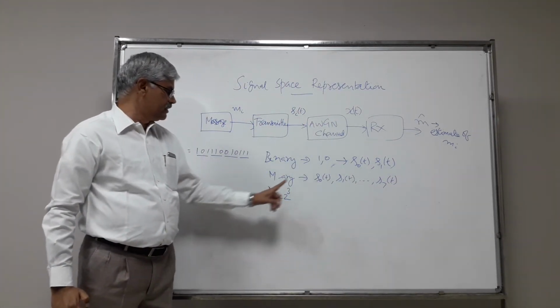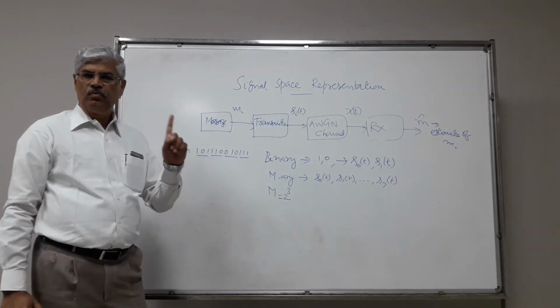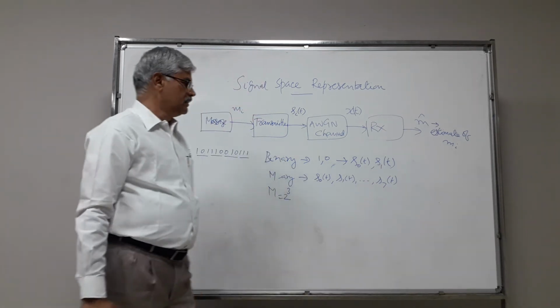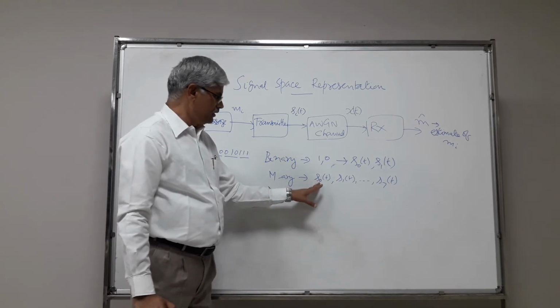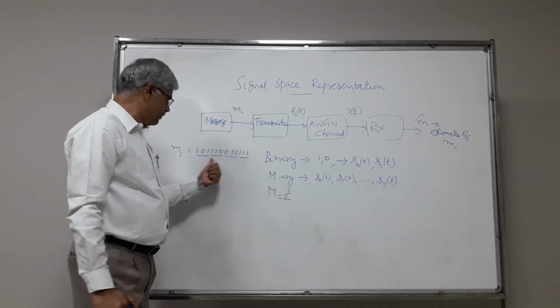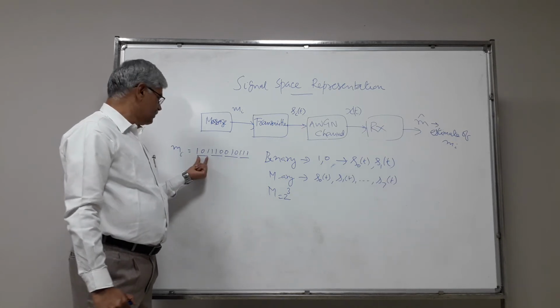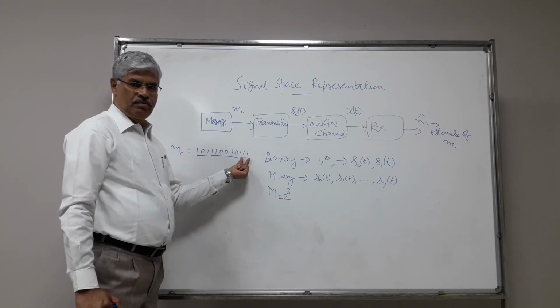S0 will represent 0, 0, 0. S1 will represent 0, 0, 1. Like that, S7 will represent 1, 1, 1. So this way, we can represent the same binary information in certain blocks of symbols.